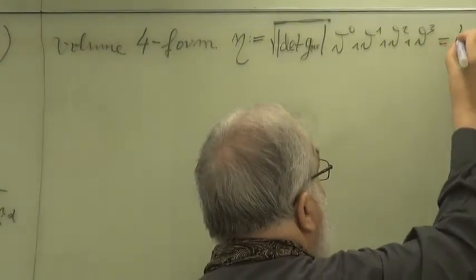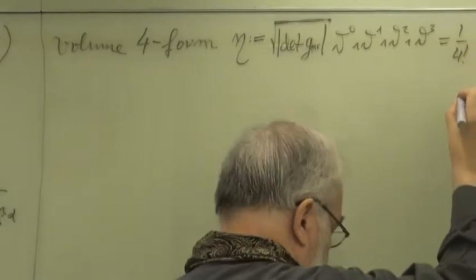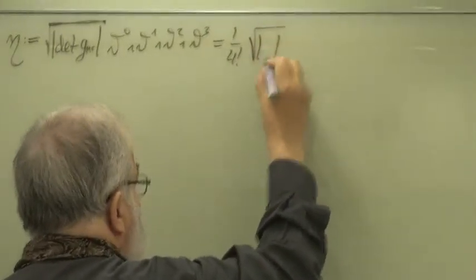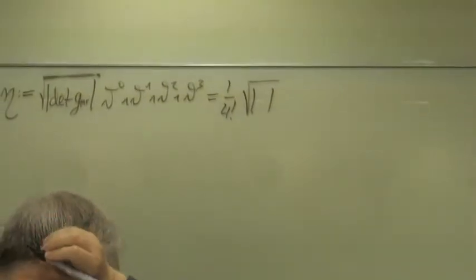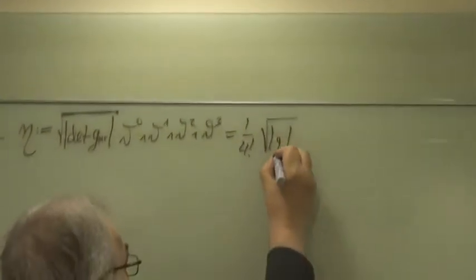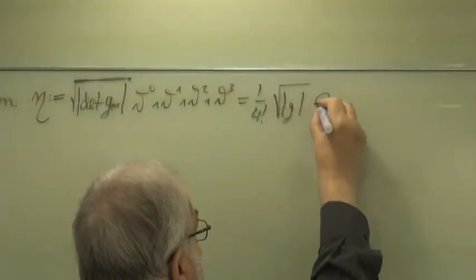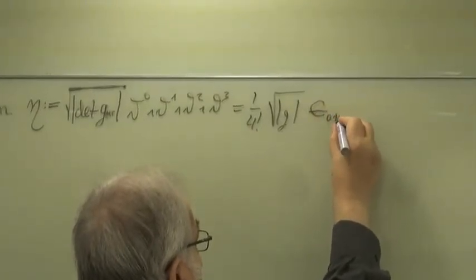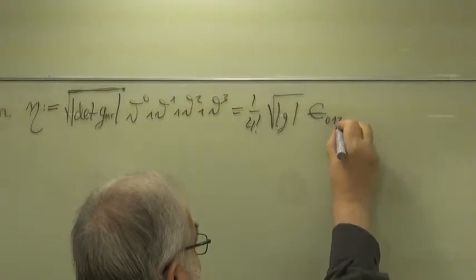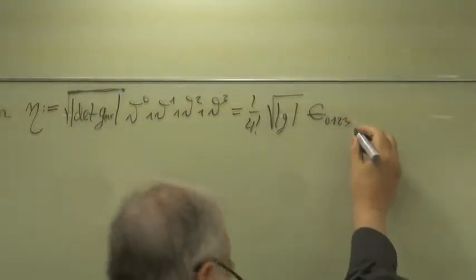It's 1/4 factorial times the square root of the modulus of the determinant, times epsilon_{0123} times theta^0 wedge 1, 2, 3.